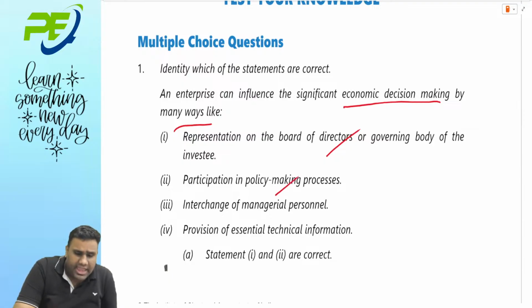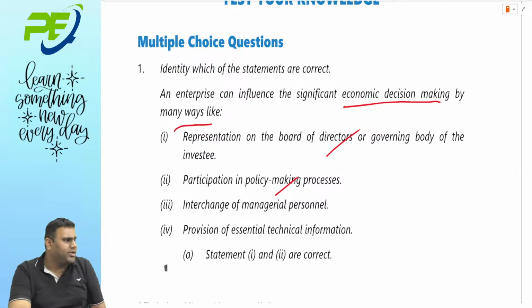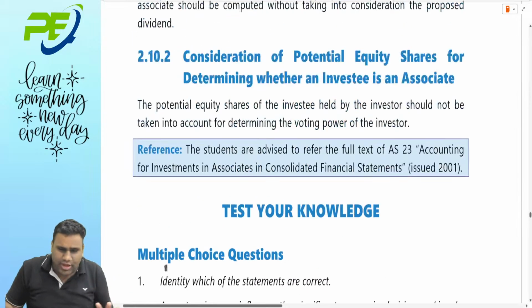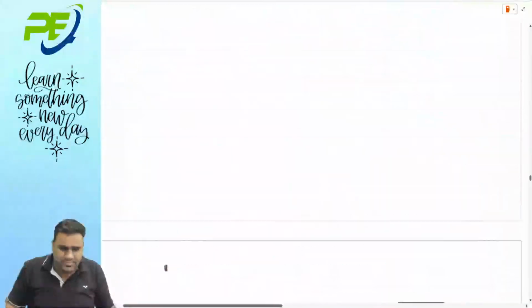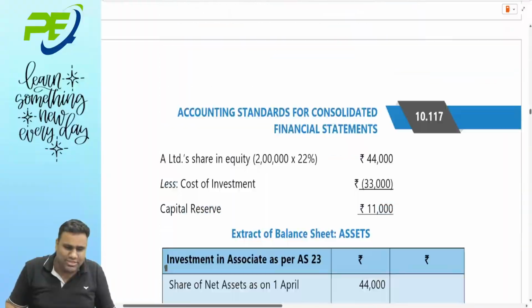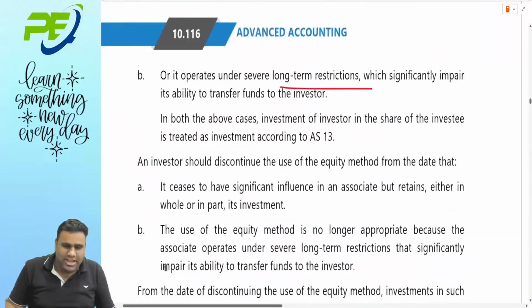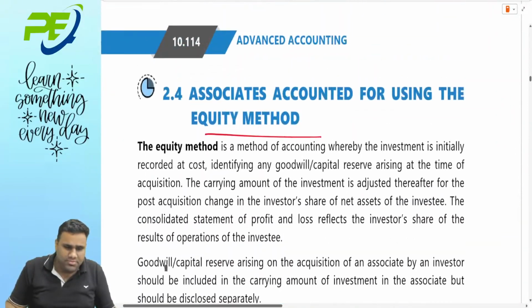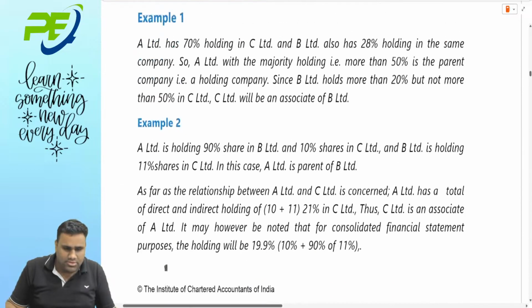This is also correct. Interchange of managerial personnel. Yes, no, yes, no. Answer is yes. No. So for this, you have to read some dry theory, which I'm not interested in teaching in the class. Don't tell me we are neither interested in reading at home.